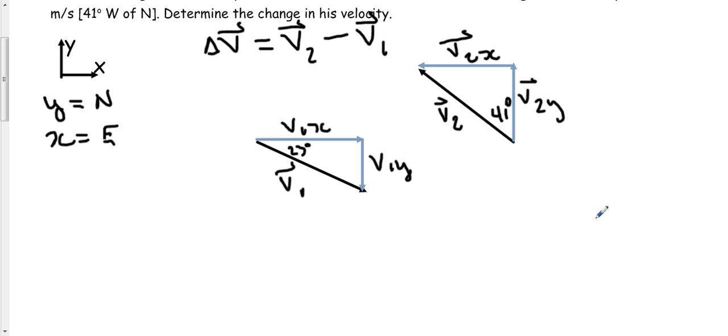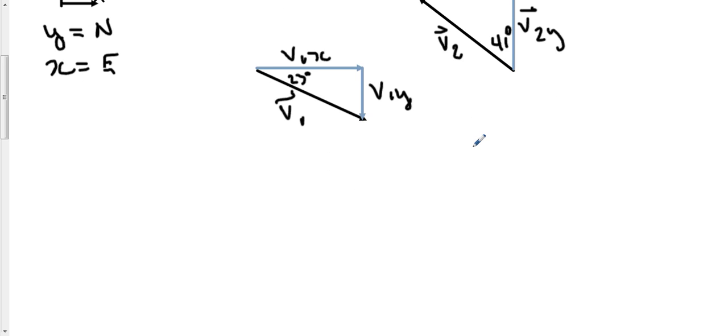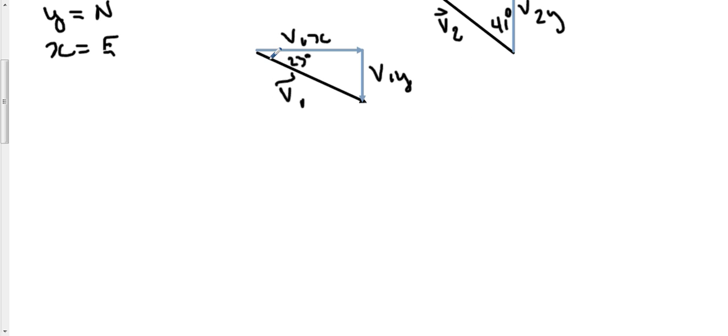Now, what I'm going to do is take all the y components and the x components. I'm going to subtract the x component of v1 from the x component of v2, and subtract the y component of v1 from the y component of v2. So I'm going to make myself a little table to help keep this organized. Nothing fancy.